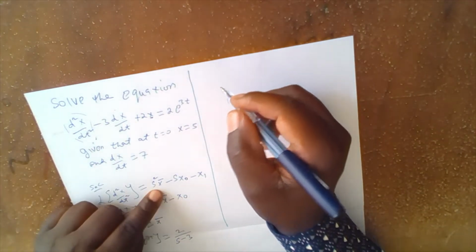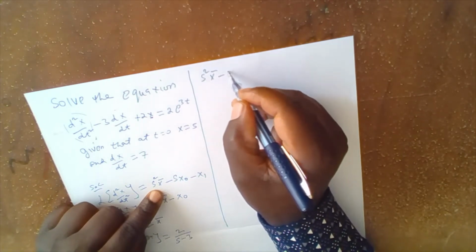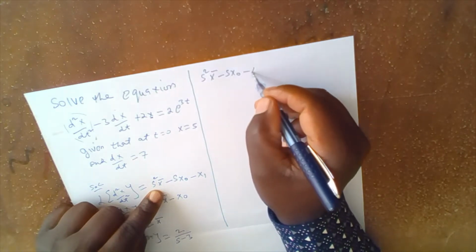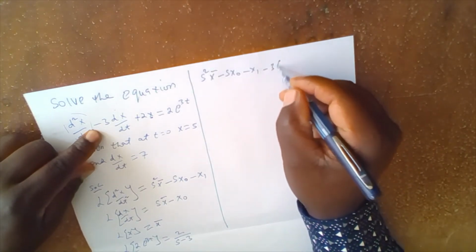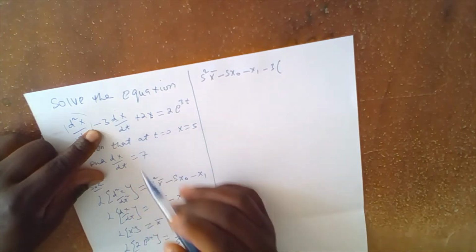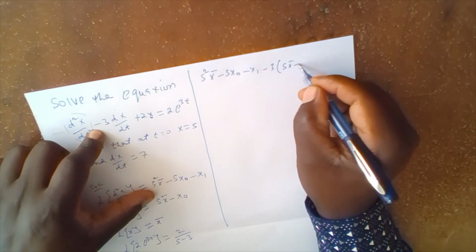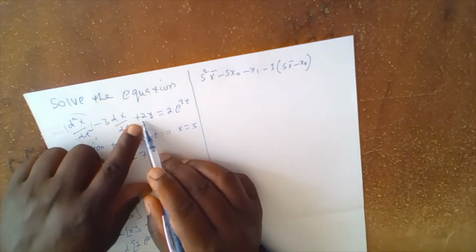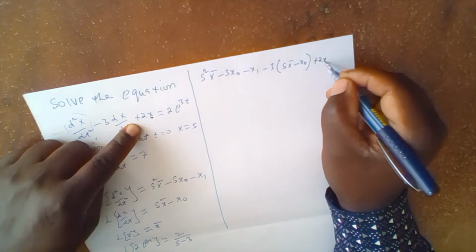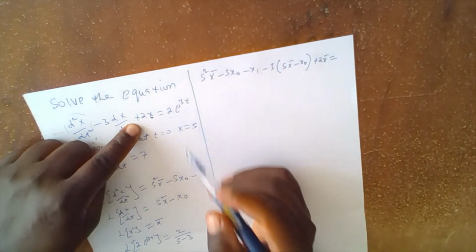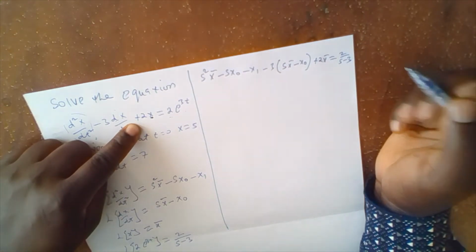We shall have s² x bar minus s x naught minus x1, then minus 3 into the Laplace transform of dx/dt, which is s x bar minus x naught, then we have the Laplace transform of x, which is x bar, therefore plus 2x bar equals the Laplace transform of the right side, 2 over s minus 3.